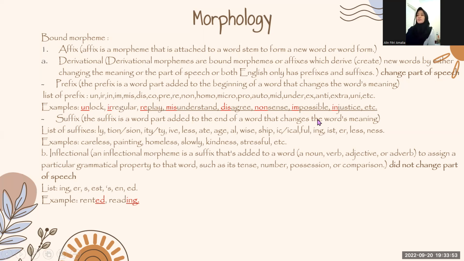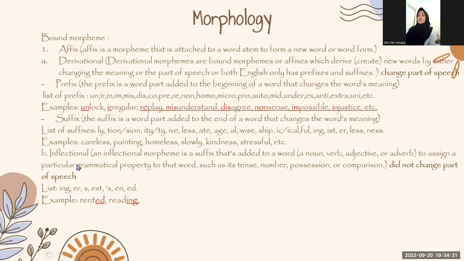Like here, impossible comes from possible with the prefix in, which means not possible. So this is different from the word possible. If we add in, it means not possible, and this changes the whole meaning.